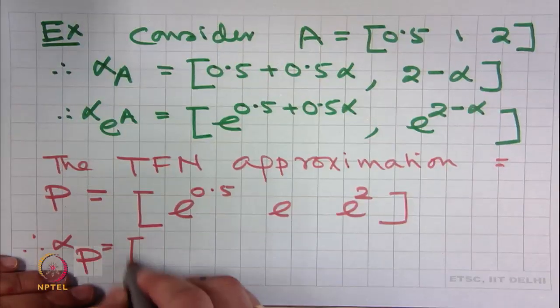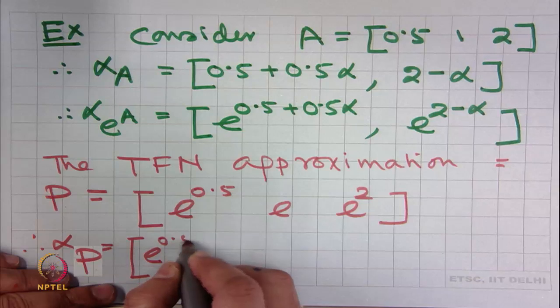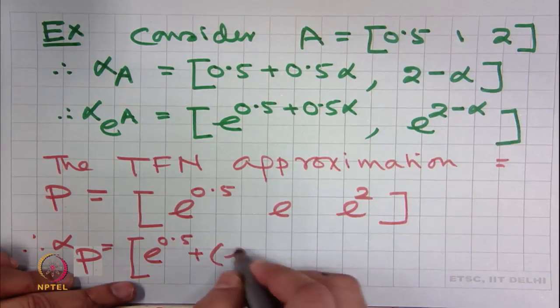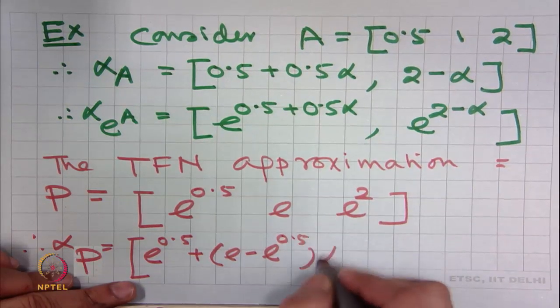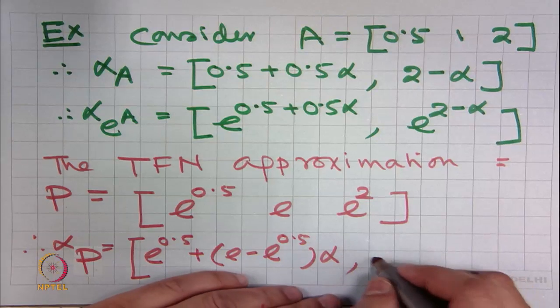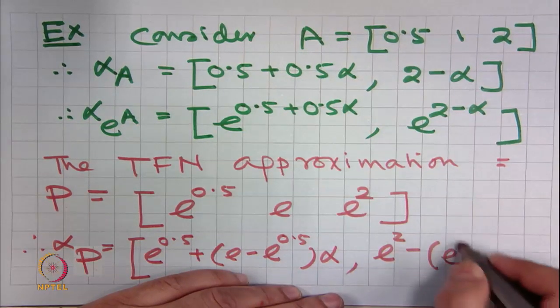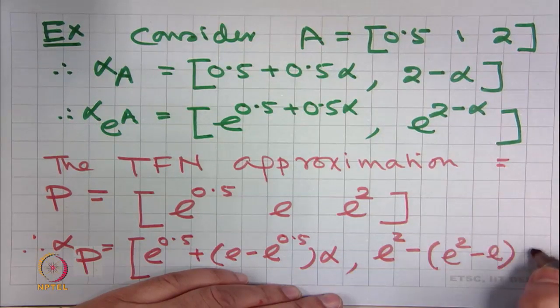Therefore, alpha cut of P is equal to e to the power 0.5 plus e minus e to the power 0.5 alpha to e square minus e square minus e into alpha.